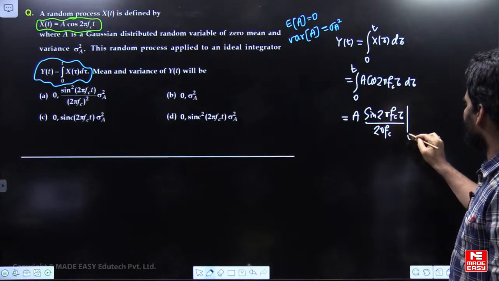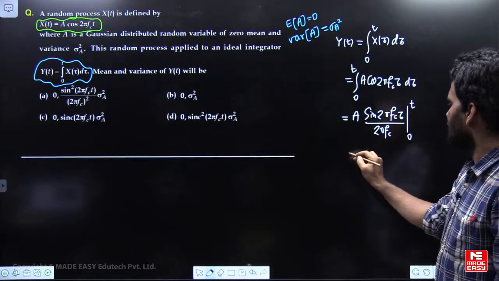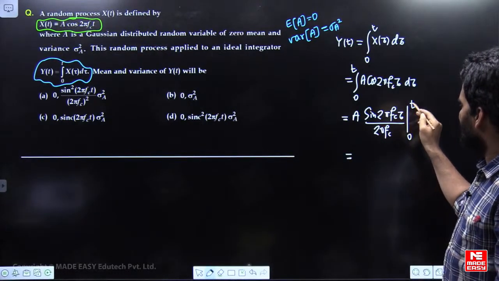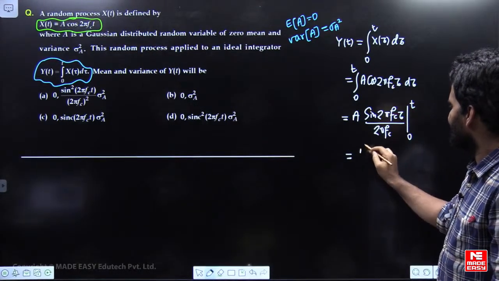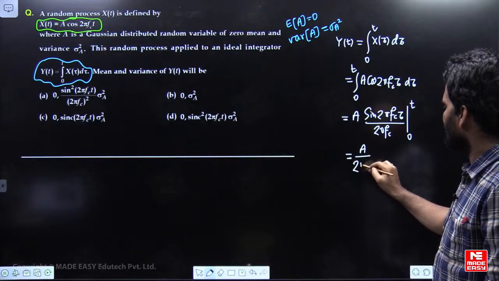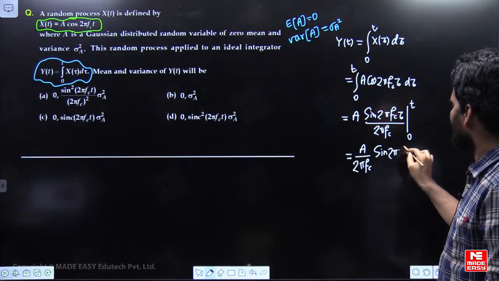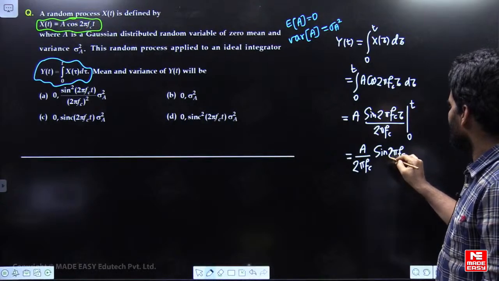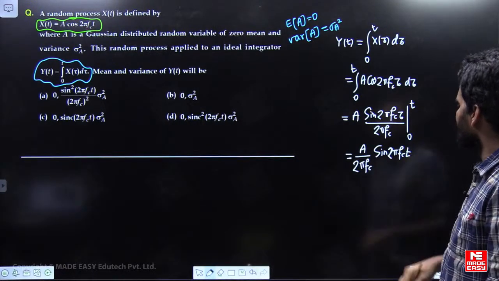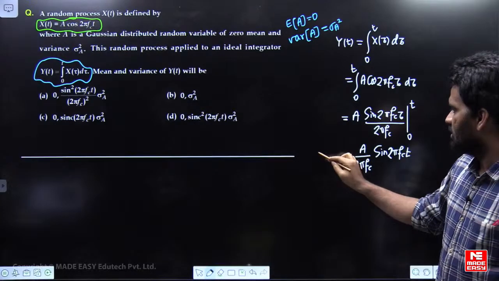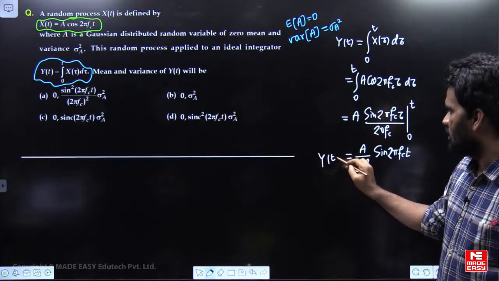Of course, you need to substitute the limits 0 to t. If you substitute the upper limit in place of tau, this is A upon 2 pi f_c sine 2 pi f_c t, and if you substitute the lower limit, sine 0 is 0 only. So this is actually y(t).